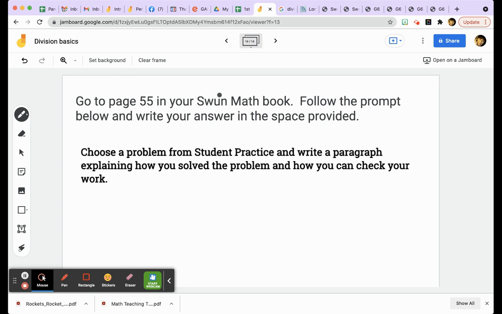Now, go to page 55 in your Swan Math book. Follow the prompt below and write your answer in the space provided on page 55.